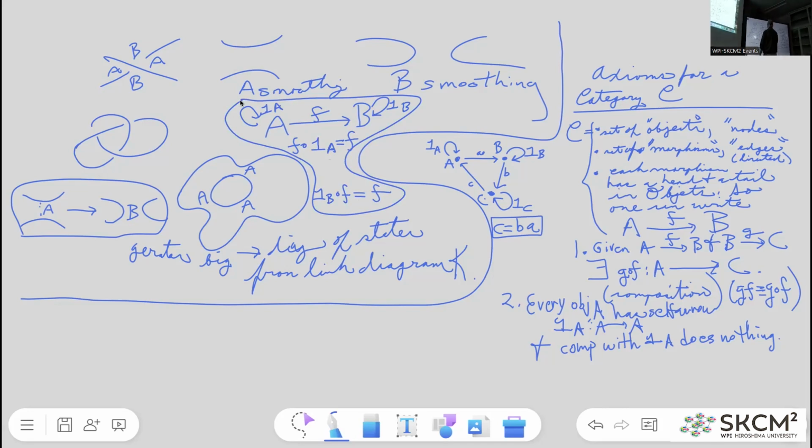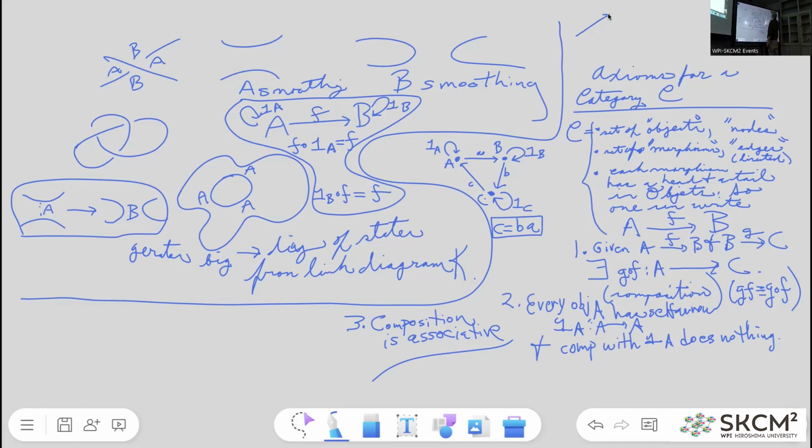And then third, and very important for this structure, is that composition is associative. Composition is associative means the following; I'll illustrate it here.